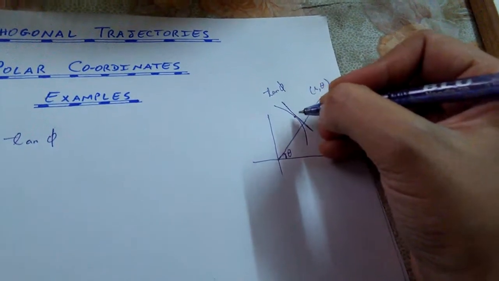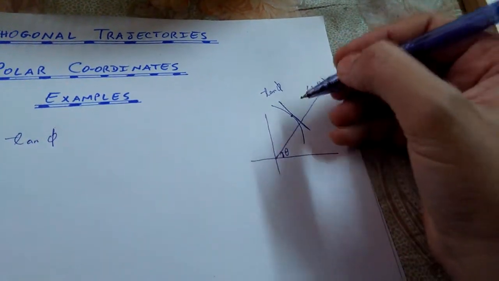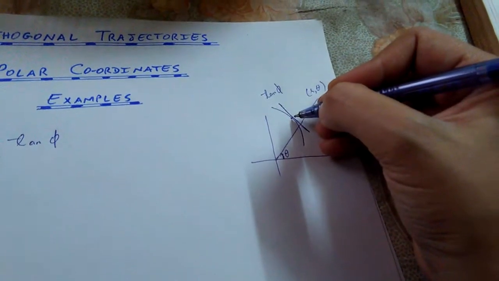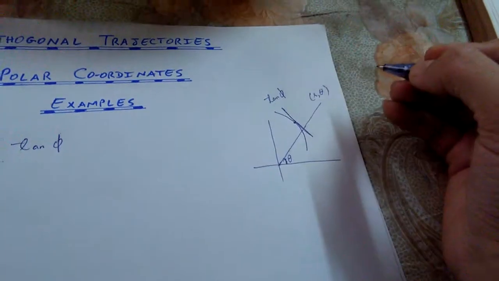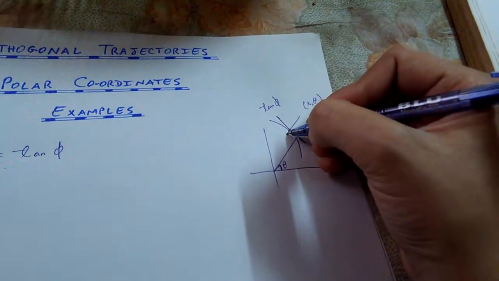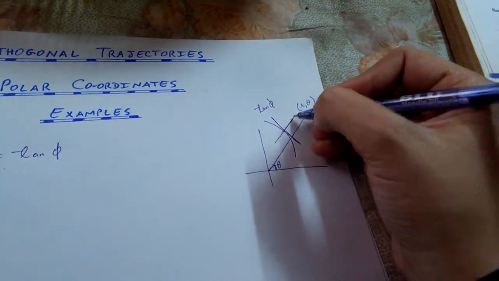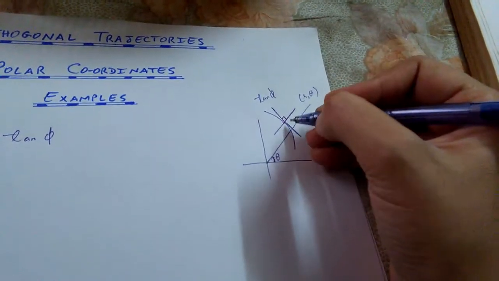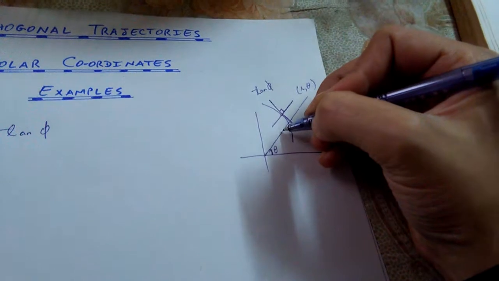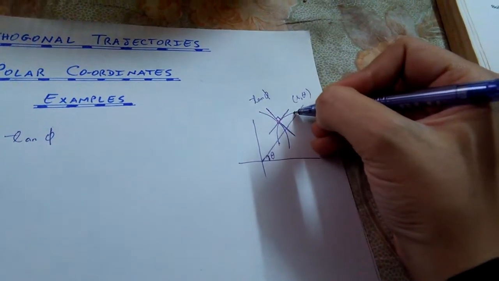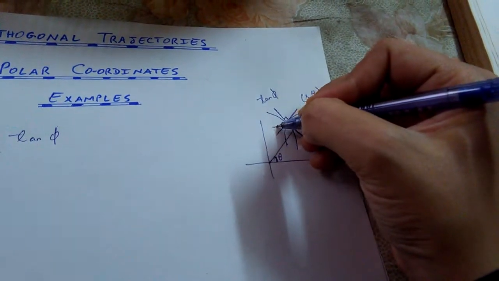Now similarly at the same point r theta, if there is another curve intersecting at this point, the tangent that we draw there should be exactly perpendicular to this tangent. This tangent represents a curve that should be either like this or like this.